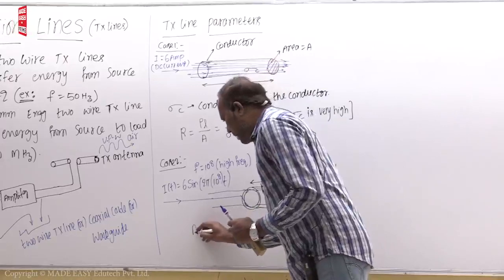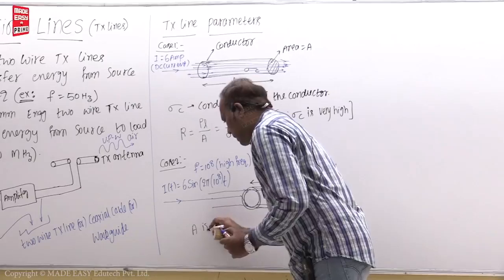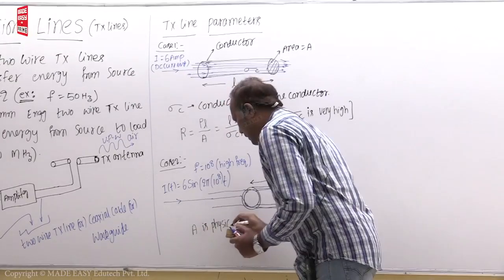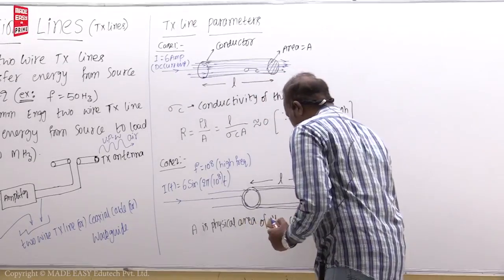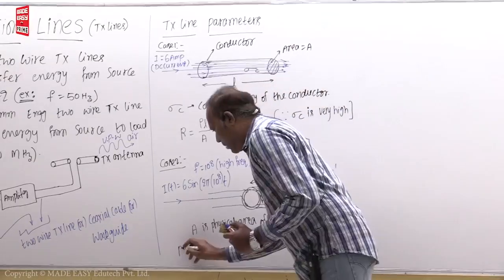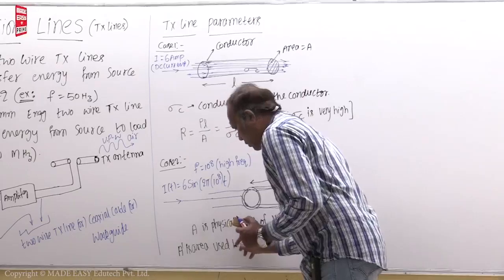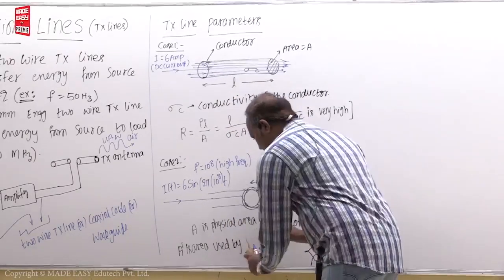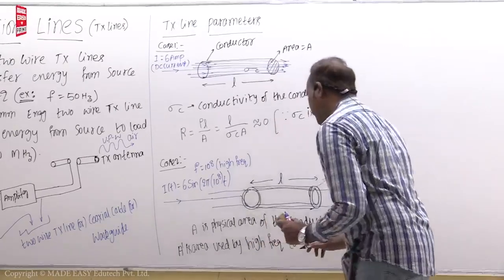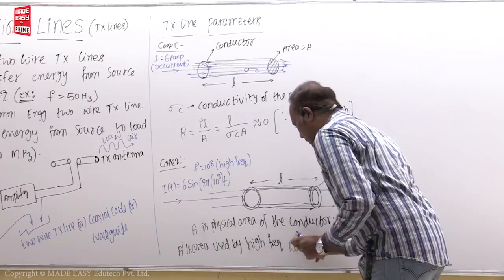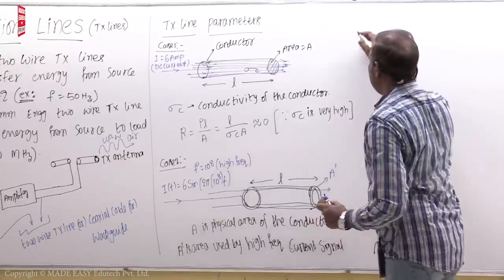So here A is the physical area of the conductor, and A dash is the area used by the high frequency current signal.